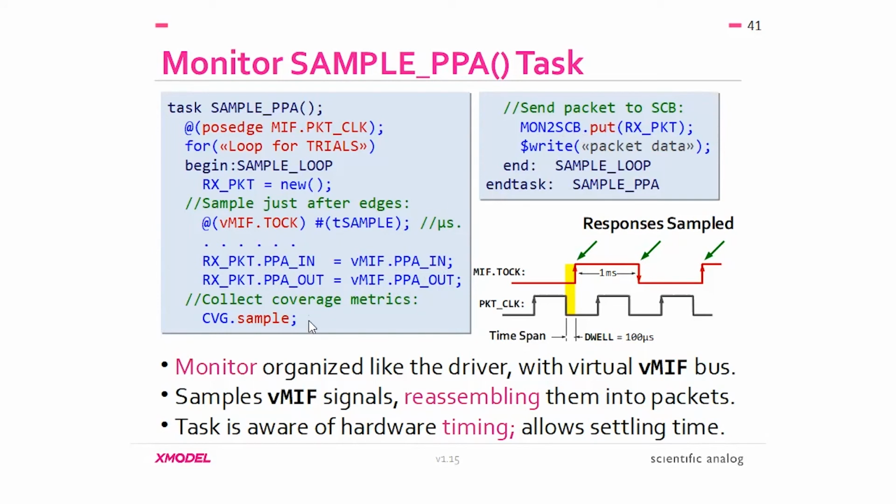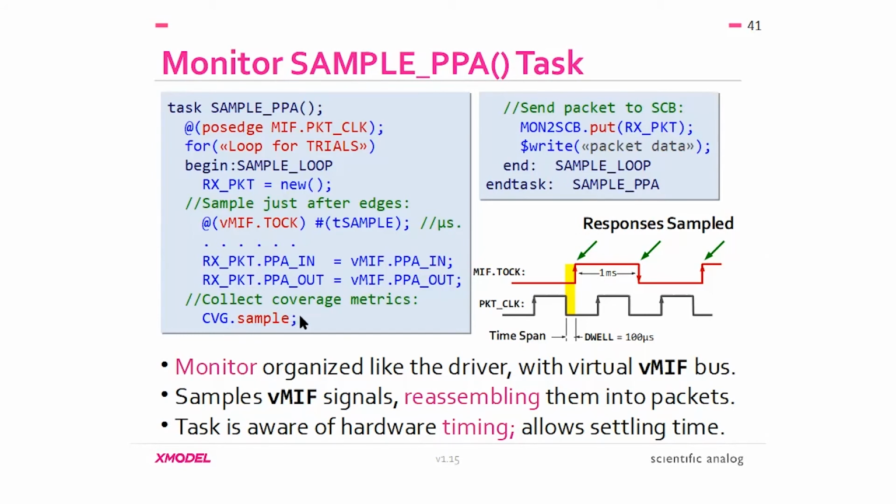One more key statement. The monitor includes a coverage group named CVG, which we'll use to gather coverage metrics. And we'll see the code in section 8.